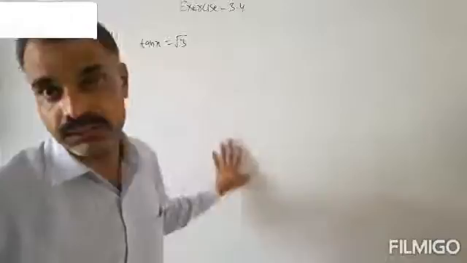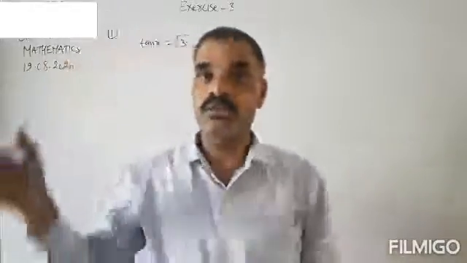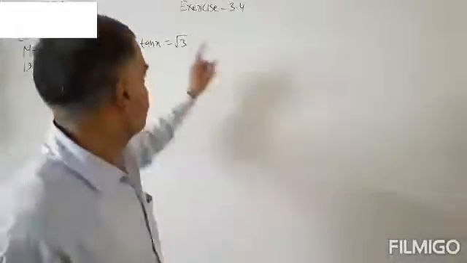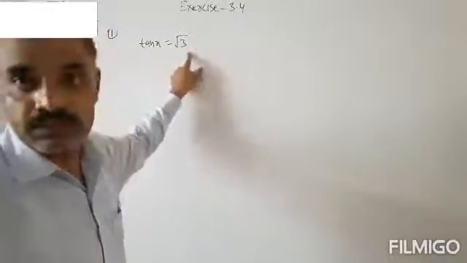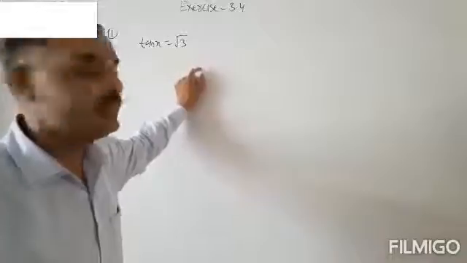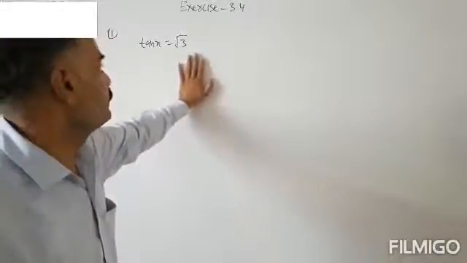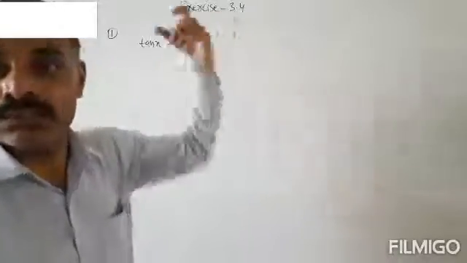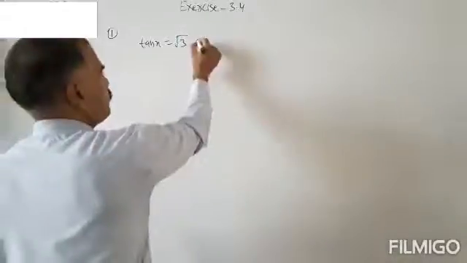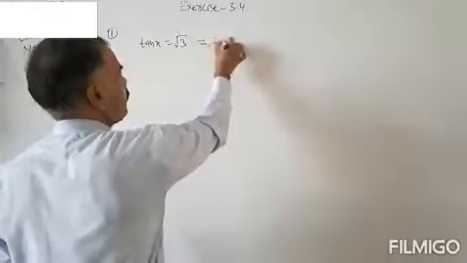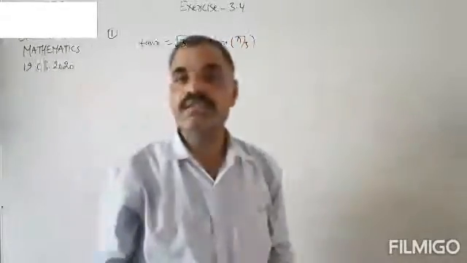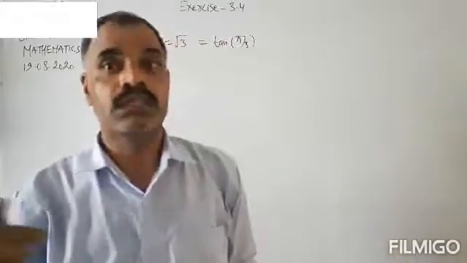Here tan x equals under root 3 and we have to find the particular solution of the given trigonometric equation. The question is at which angle of tan its value is under root 3. Under root 3 equals tan pi by 3.